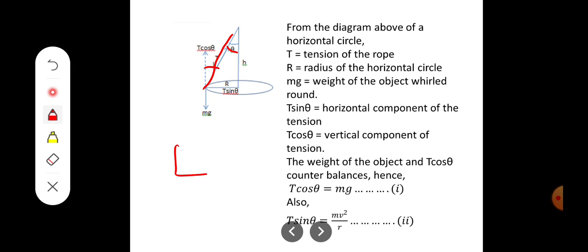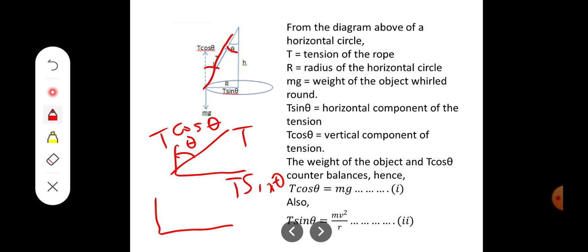Now let me remind you this: when you have a force at an angle and the angle is this way, theta, okay, the horizontal component is going to be t sine theta, but the vertical component is going to be t cos theta. Okay, horizontal component will be t sine theta, vertical component t cos theta.